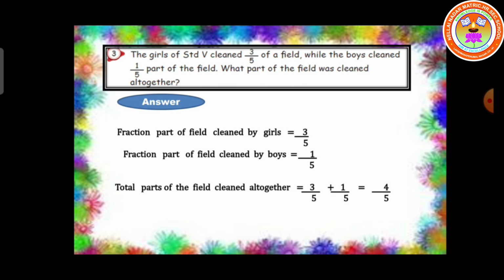Fraction part of field cleaned by boys is equal to 1 by 5. Total parts of the field cleaned all together is equal to 3 by 5 plus 1 by 5 is equal to 4 by 5. Is it clear, students? We just have to write down the statements and add two fractions. Is it clear?